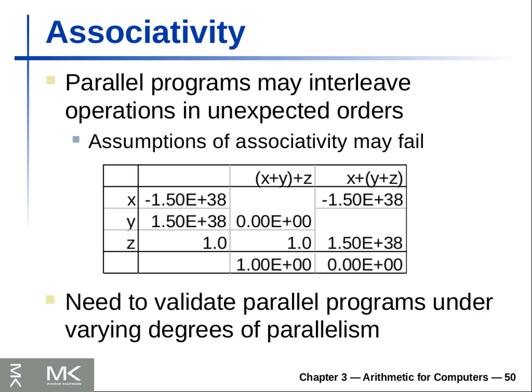So if you do x plus y, notice that x and y are large numbers, but they're negative, so they would cancel to 0 if you added them. And then you add 1, you get 1.0. That makes sense, that's what we wanted. On the other hand, if we did y plus z first, where we took y plus 1, we're going to get the same number back, because we've lost the precision of the 1.